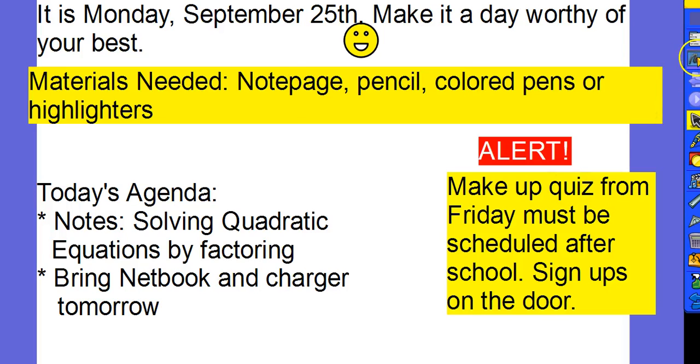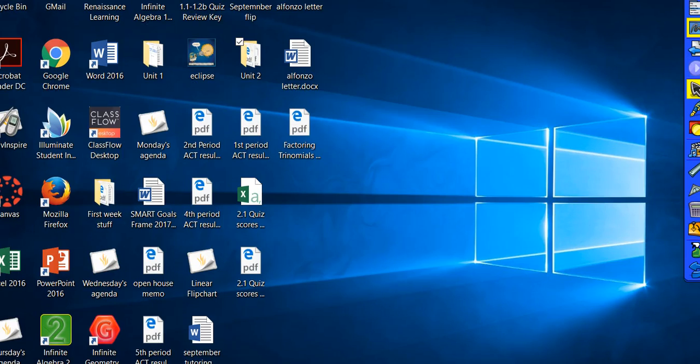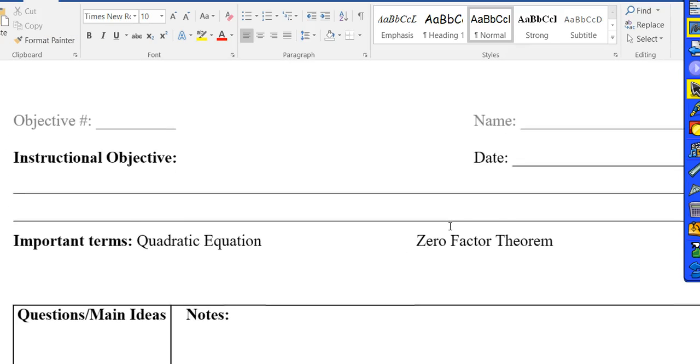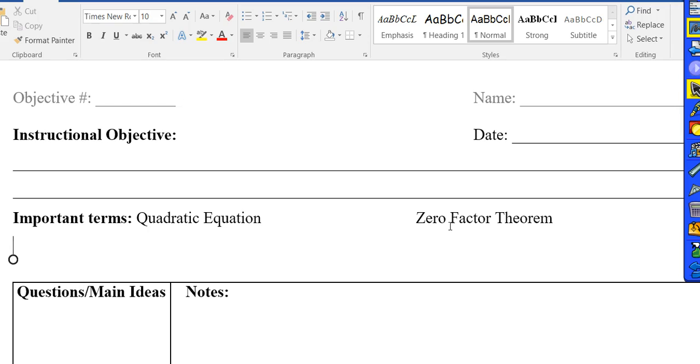Okay guys, so today we're going to be working on objective 2.2a actually. So we've left 2.1 factoring polynomials, and now we're going to be solving by factoring, and we're solving quadratic equations.